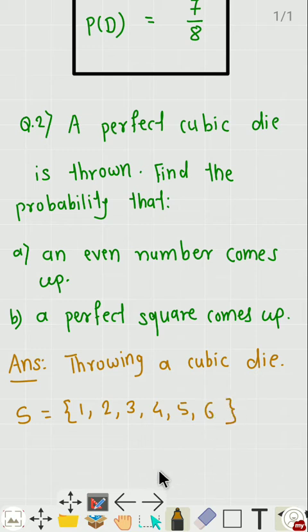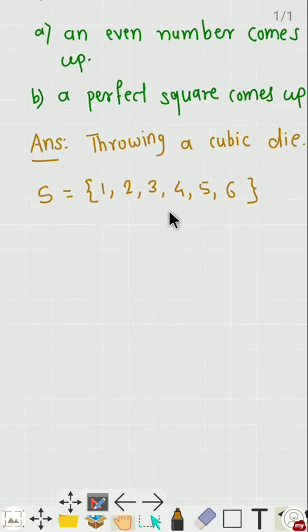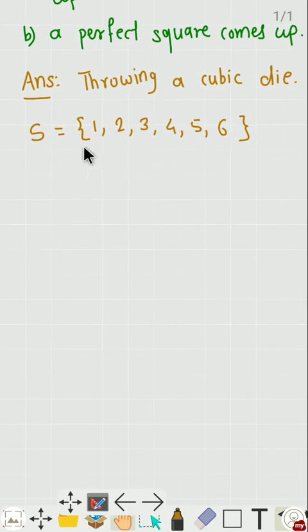So in this experiment, the total possible outcomes are 6. Therefore, n of S, the total number of outcomes in the sample space, is 6. Important, we need this n of S while finding the probability.